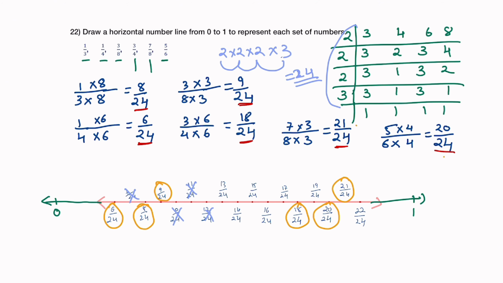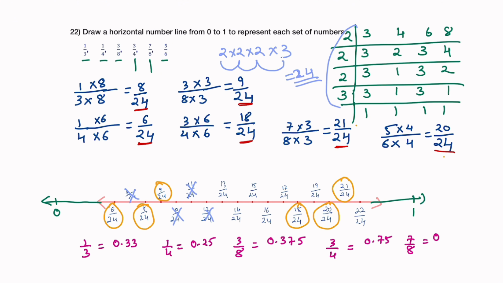So 1 upon 3, the answer for this is 0.33. 1 upon 4 is 0.25. 3 upon 8 is 0.375. 3 upon 4 is 0.75. 7 upon 8 is 0.875.